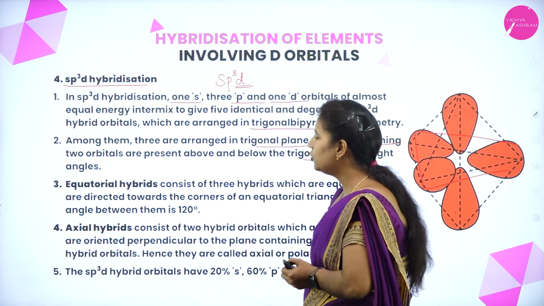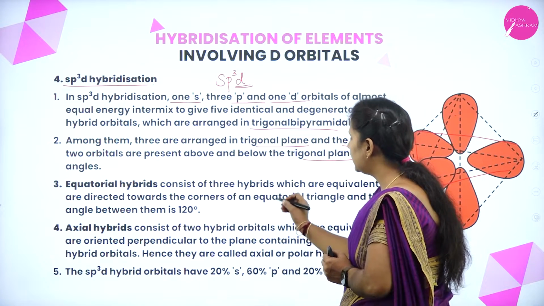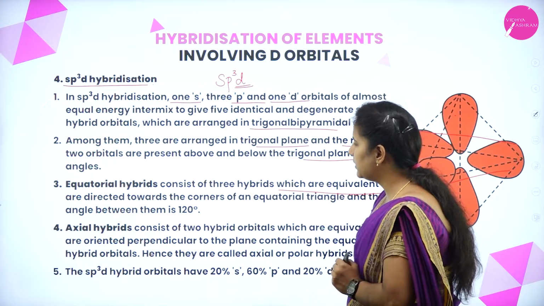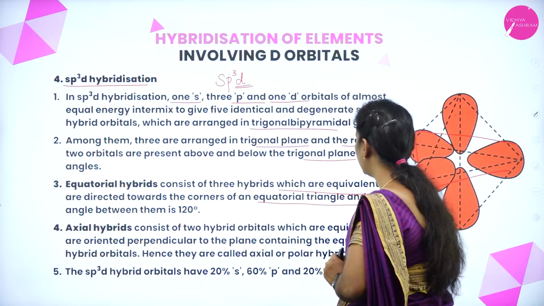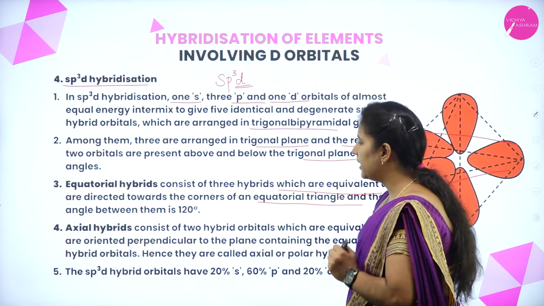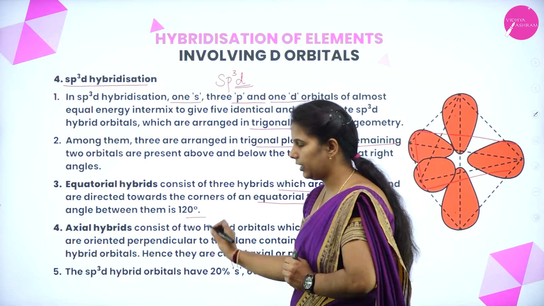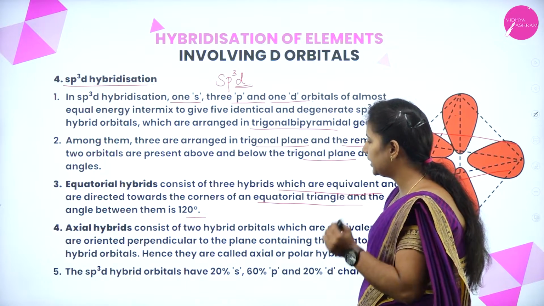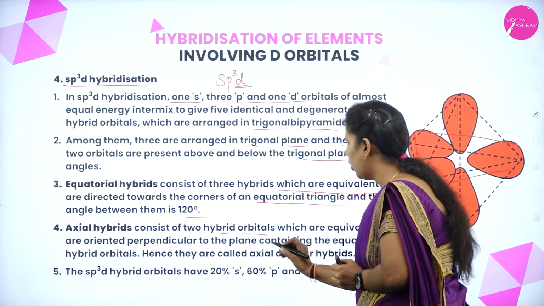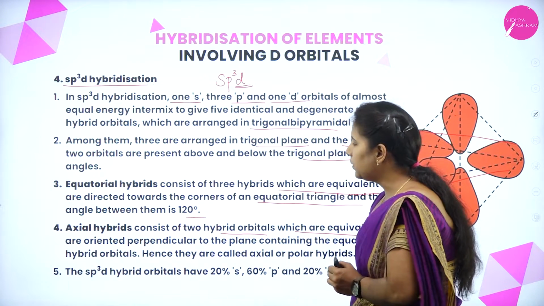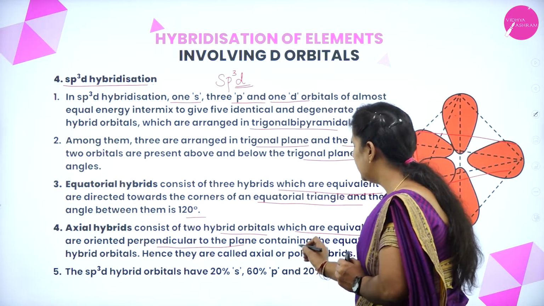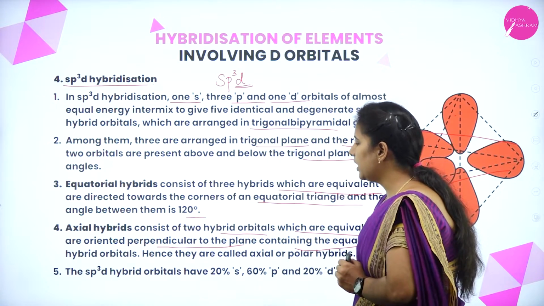Equatorial hybrids consist of three equivalent hybrids directed towards the corners of the equatorial triangle, and the angles will be around 120 degrees. Similarly, we can define the axial hybrids, which are oriented perpendicular to the plane containing the equatorial hybrids.